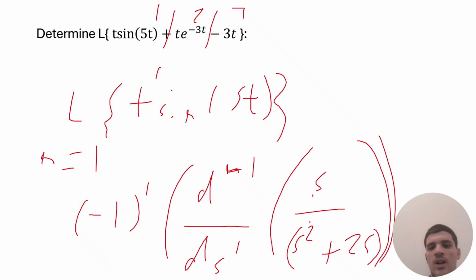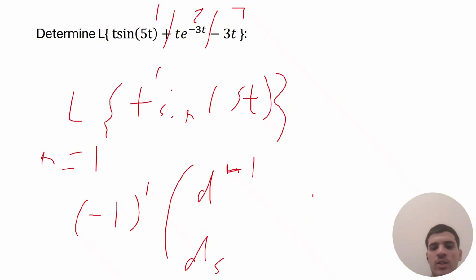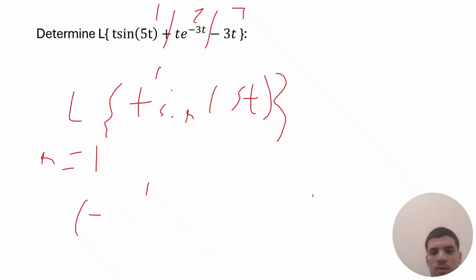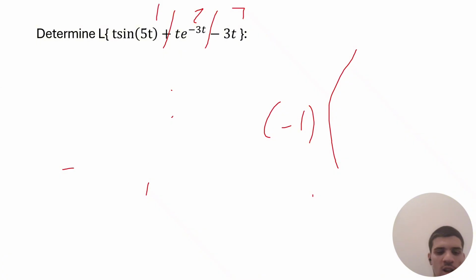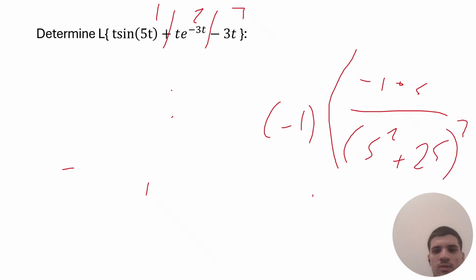Applying the quotient rule of derivatives, our final answer for the first one is going to be -1 times, we can keep the -1 till the end, it's not going to affect anything else, so minus 10s over s squared plus 25 squared.